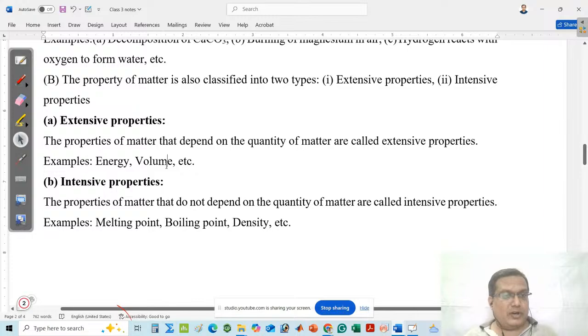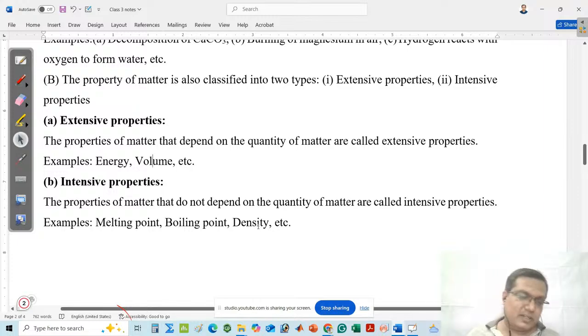Here we can say that volume is said to be an extensive property, but melting point and boiling point do not depend upon the quantity of matter, so they are said to be intensive properties. Like that, you can think about density.